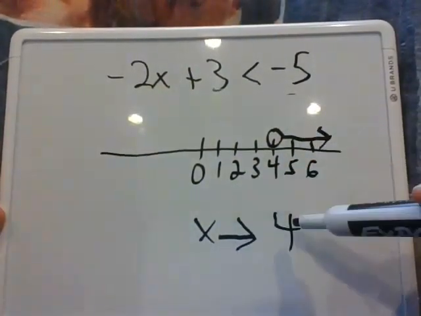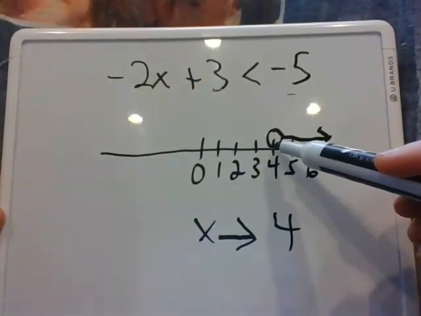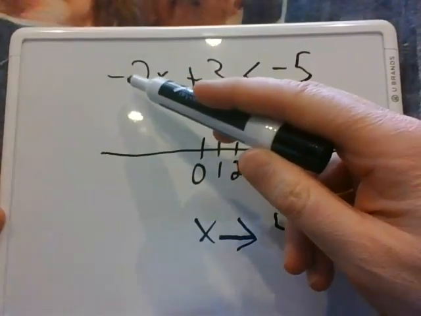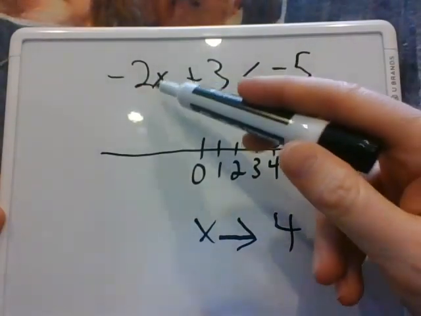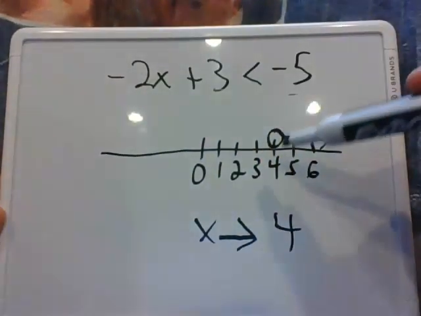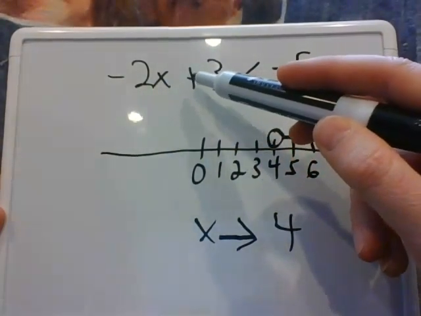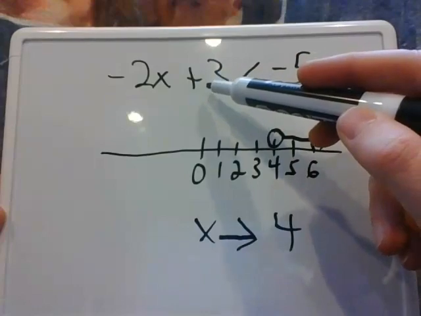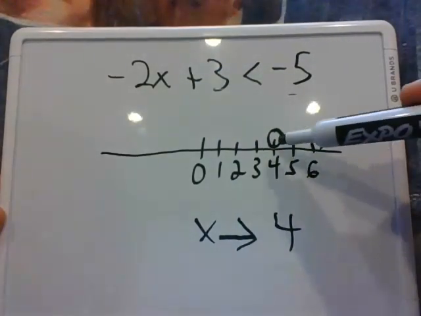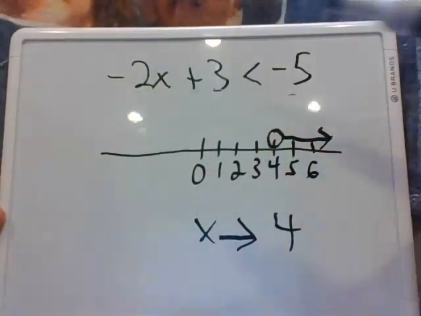So another thing you can do is say, okay, let's say they give me 4 here. Negative 2 times 4 is negative 8. And plus 3 would be a negative 5. So I know that this value has to be the other way because I've divided by a negative.